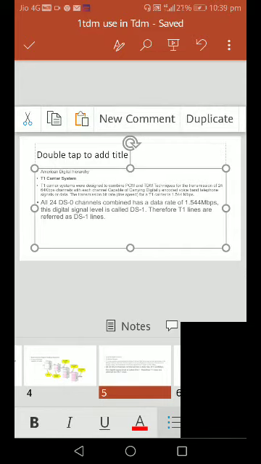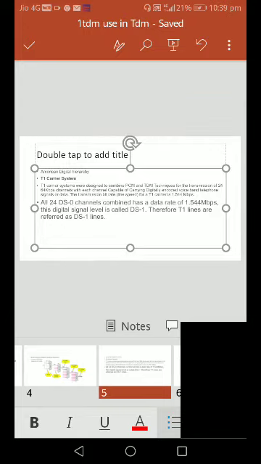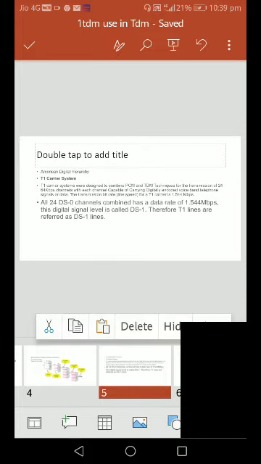DS means digital signal level, and the first level is called DS1. T1 lines are referred to as DS1 lines, where on the T1 line you get the output of the DS1 line.